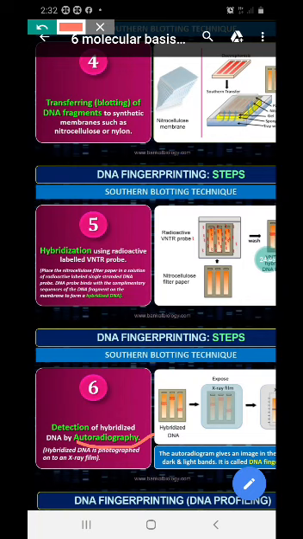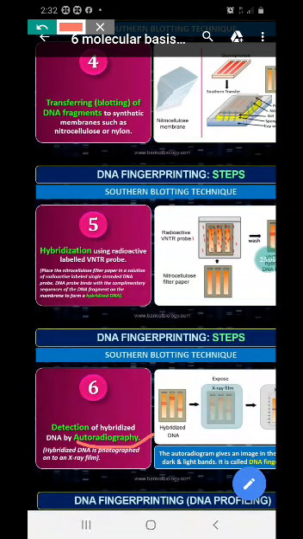Now I told you before, you have to take the DNA from the sample we get from the crime site, or from the cell of the child whose paternity is to be found out. From the mother's chromosome and the supposed father's chromosome also we take. Similarly from the crime site you get a sample, and there are suspects, from them also you take the sample. You take only the satellite DNA from all these persons, from the 23 chromosomes; you can take from one or two or three chromosomes.